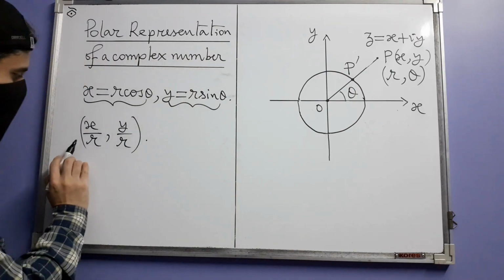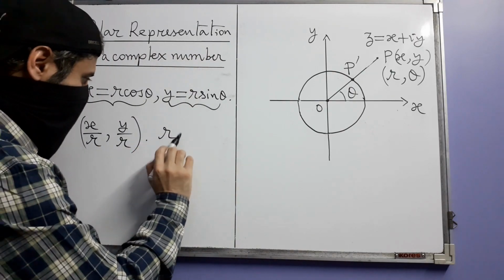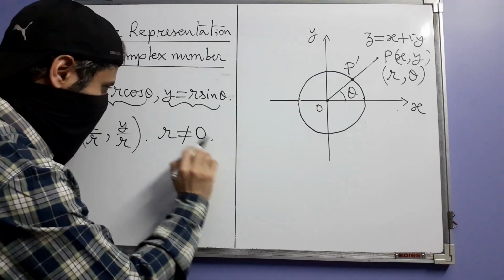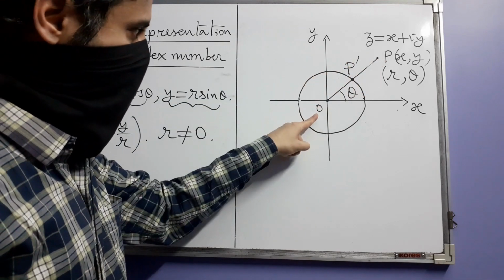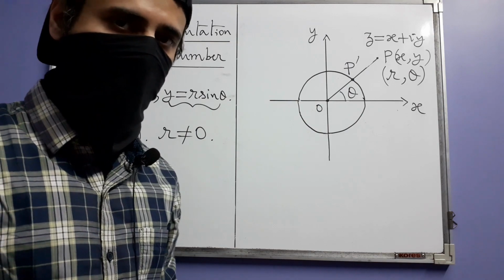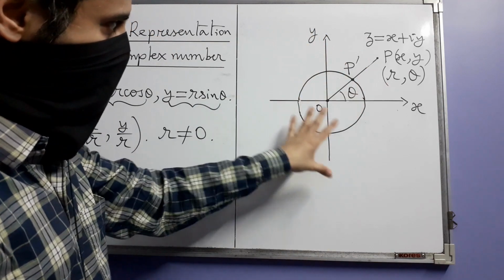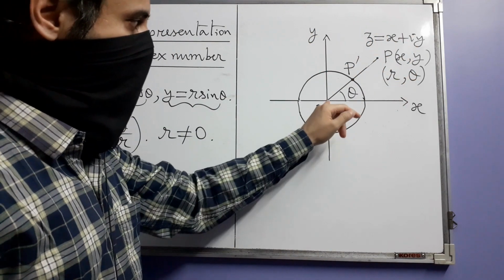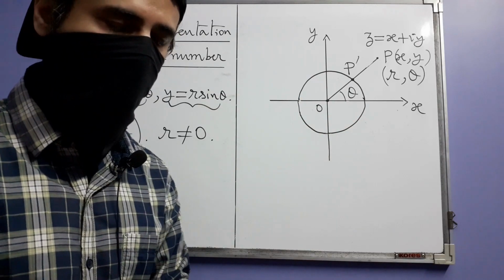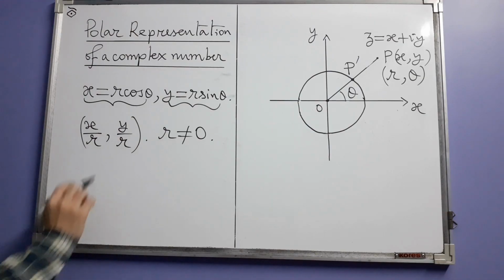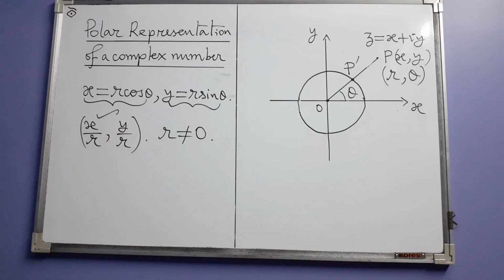So, to be able to consider this point, we need the condition that r is not equal to 0, which will happen if P does not coincide with O. That means we are considering any point in the plane except the origin or except the pole. Fine, then we can consider this.